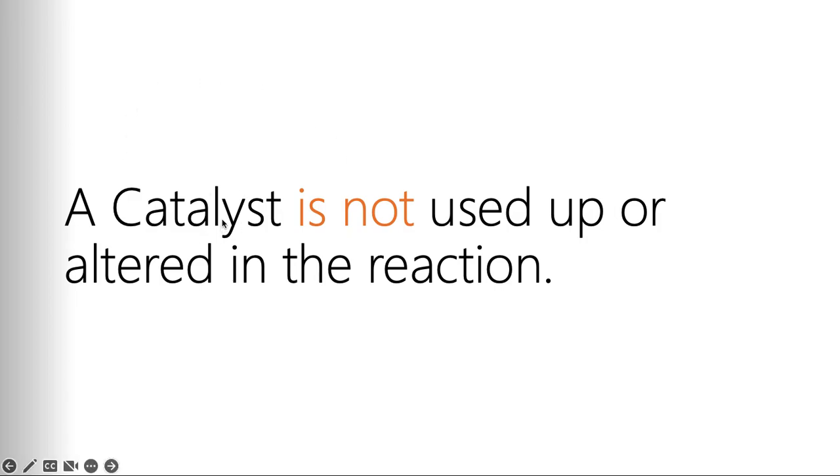It's the same as the reaction starts, and it's the same as the reaction ends. It doesn't take part or get used up or altered in the reaction at all. All it does is stabilize that transition state so that the reactants can proceed to products a lot faster by lowering that energy of activation.